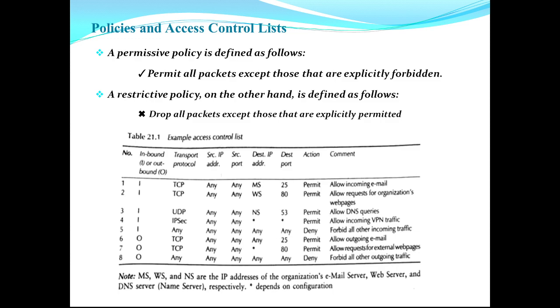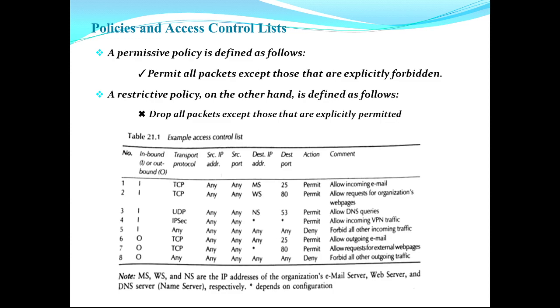That means in advance, during the setup of the machines, the network or the installation of the firewall, the administrator explicitly forbids particular sites, and these sites will not open. And a restrictive policy says drop all the packets except those that are explicitly permitted. So these are the two things.